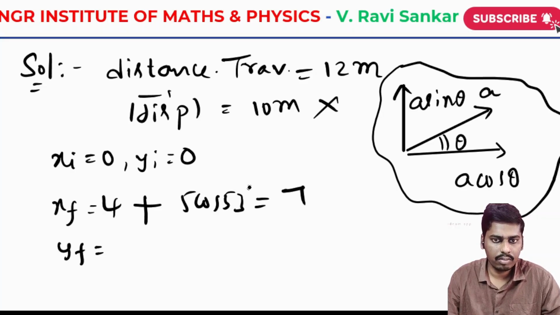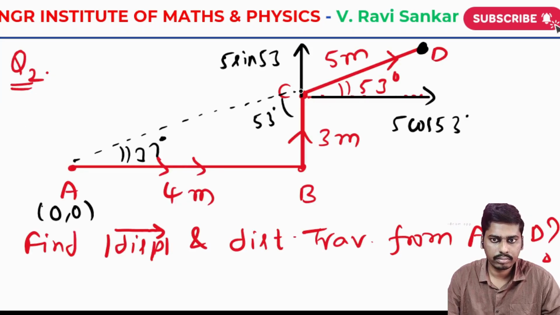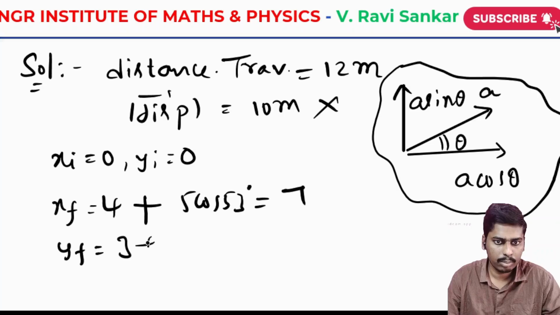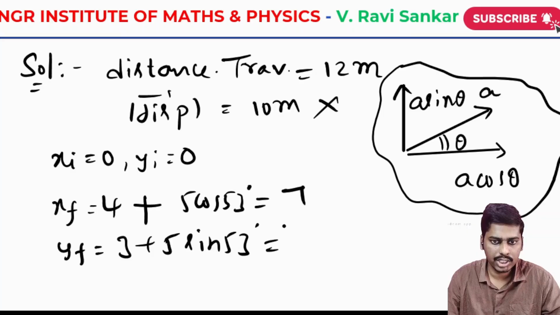So y final is 3 plus 5 sin 53, and sin 53 is nothing but cos 37, which is 4 by 5, so this is equal to 7.